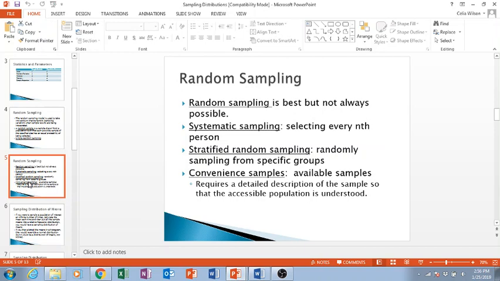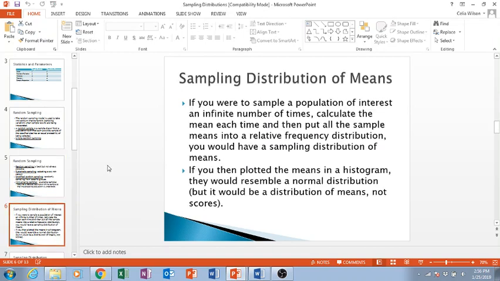I did as good a job as I could pulling the sample, and I calculated the mean score for these preschool students on kindergarten readiness. A sampling distribution of means says that if I were to infinitely sample the preschool students, assess their kindergarten readiness, obtain the mean score for each sample, and then plot all those means, I would have not one mean, I would have a sampling distribution of means.